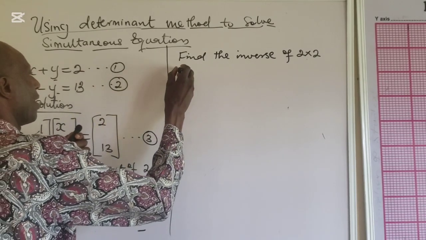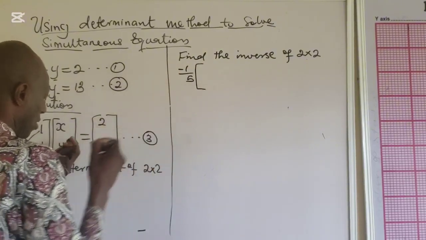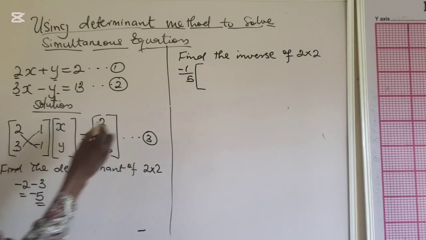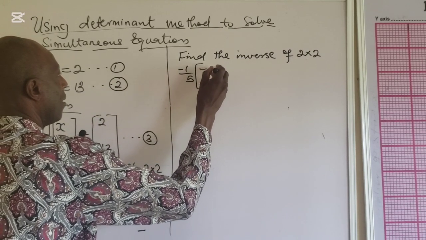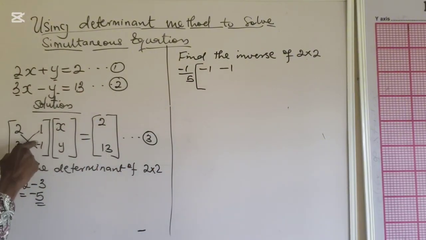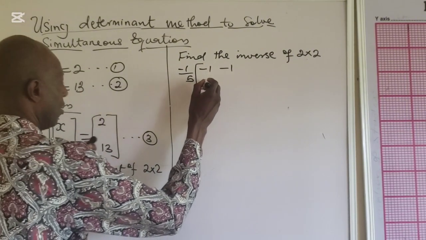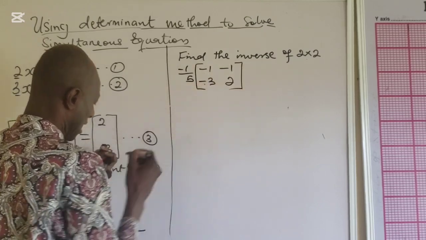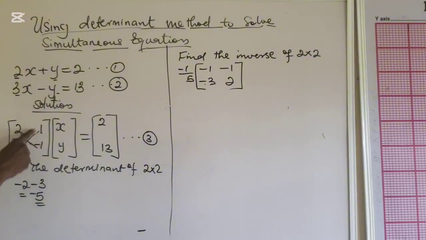So I'll put the minus here. When you want to inverse this, here is 2, 1, 3, minus 1. It will be minus 1, minus 1, minus 3, 2. That is the inverse.